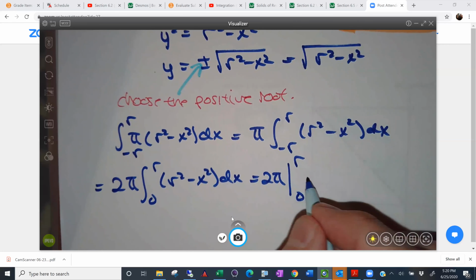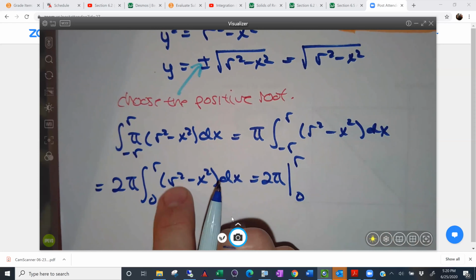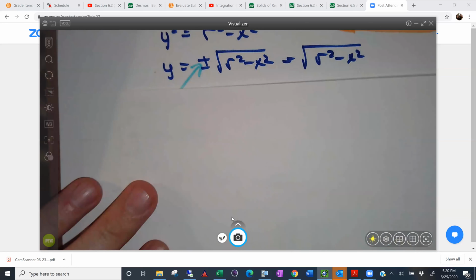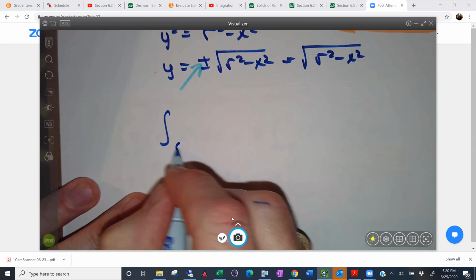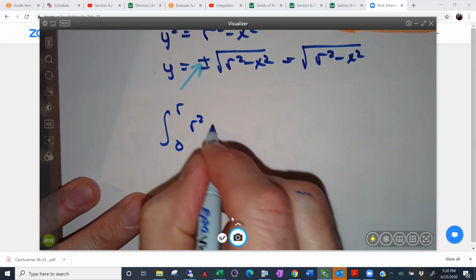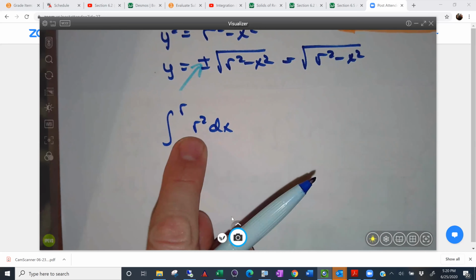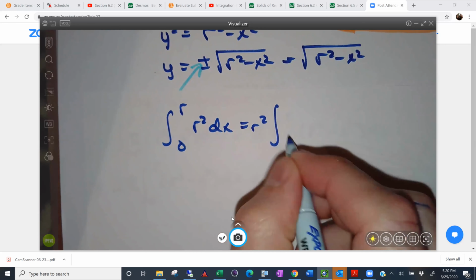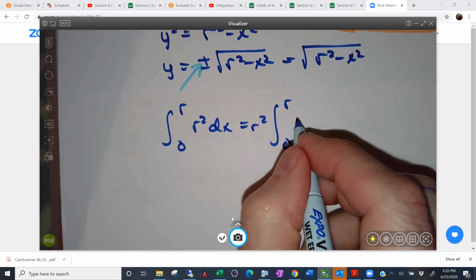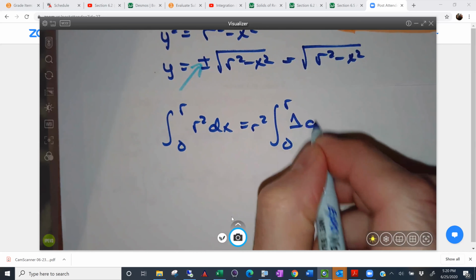So when I integrate this with respect to x, I'll just show you on a piece of paper like this. Integral from 0 to r of r squared dx. R squared, as far as this problem is concerned, is like a constant. So it comes out in front. 0 to r of 1 dx.